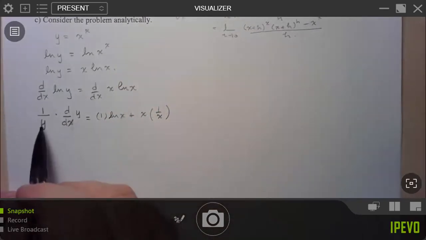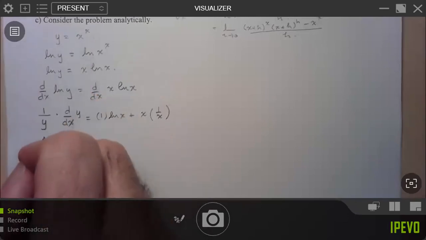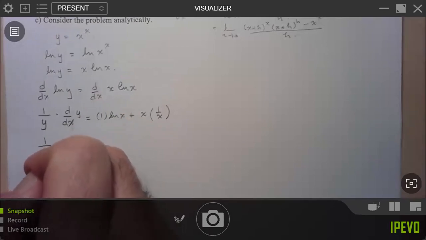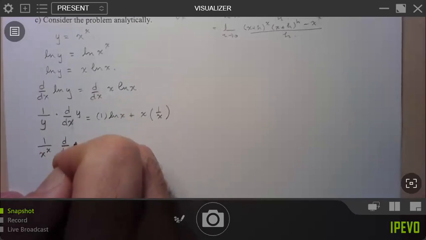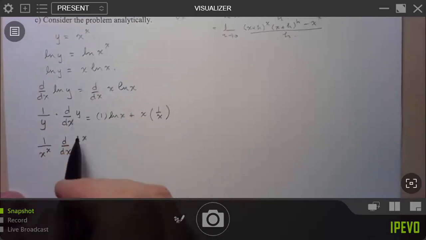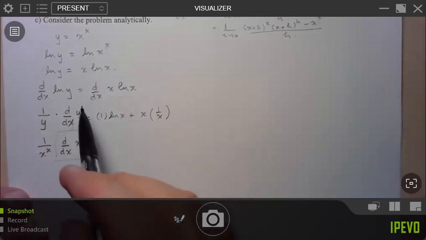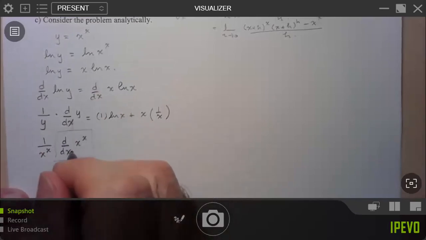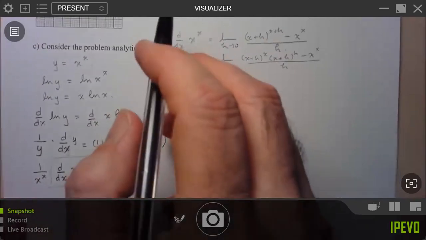But of course, what does y represent? y is just equal to x to the x. So what do we have here? 1 over x to the x. And lo and behold, what pops out in doing this process? Exactly the derivative we're looking for. Is this not the derivative we're looking for?